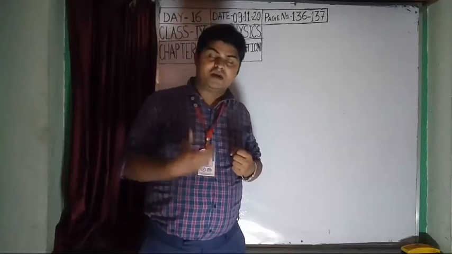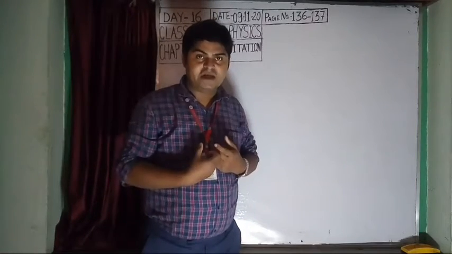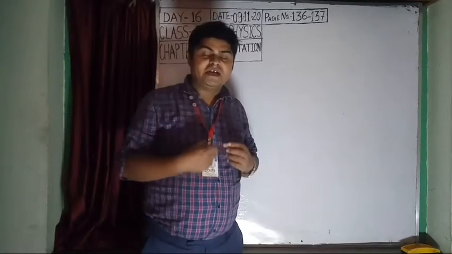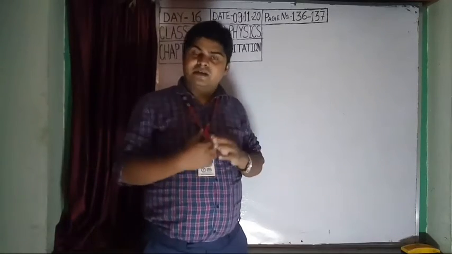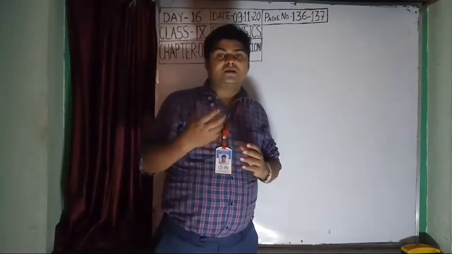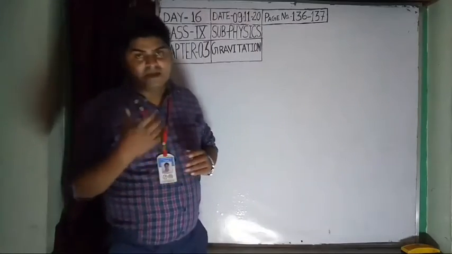The smaller object also attracts the heavier object, but the displacement covered by the heavier object is not seen by our naked eyes. We saw that topic in yesterday's class, in day 15 class.